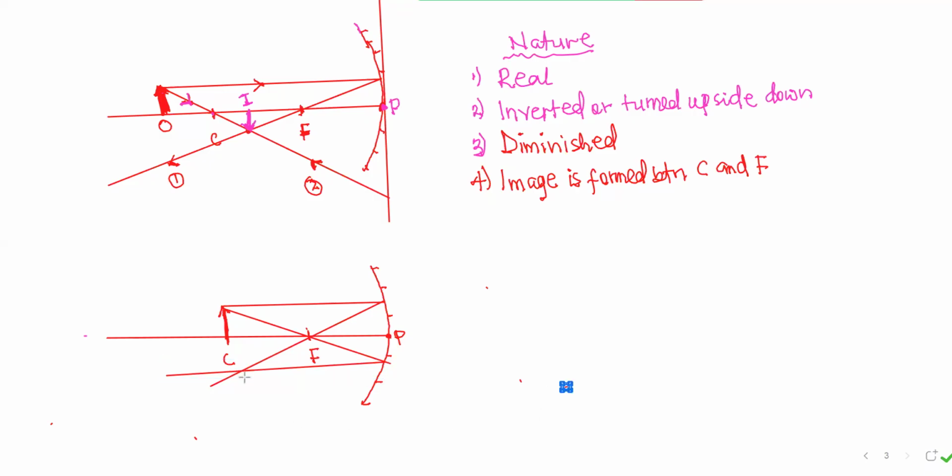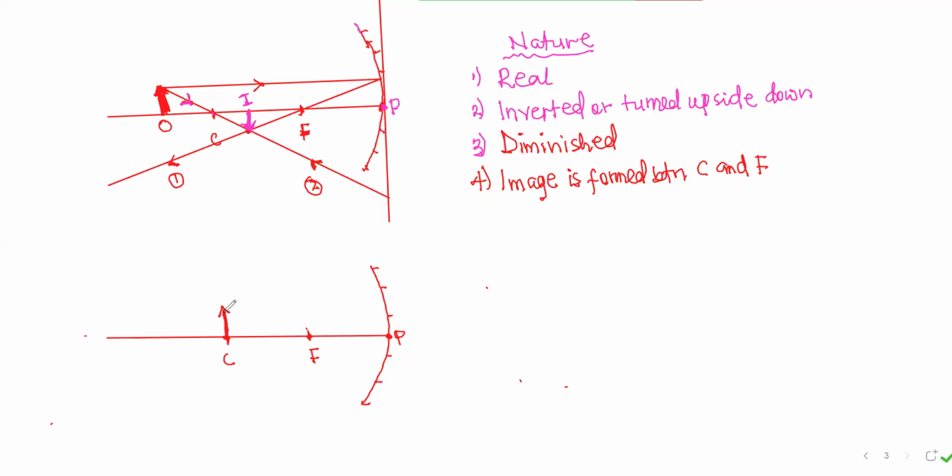Let me take it again because I'm not getting the precision right. This is what happens if you don't take your measurement well. So please, the caution is that when you are doing this, PF must be equal to FC.